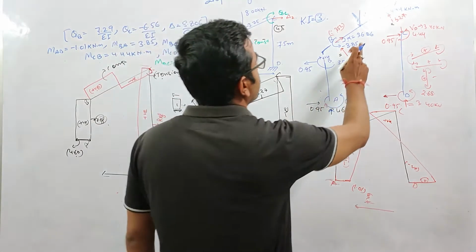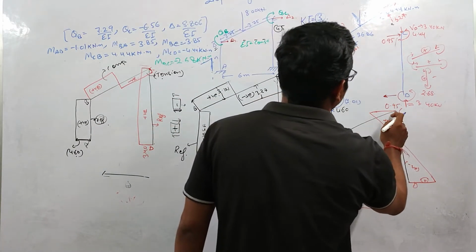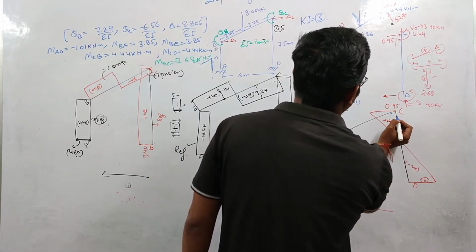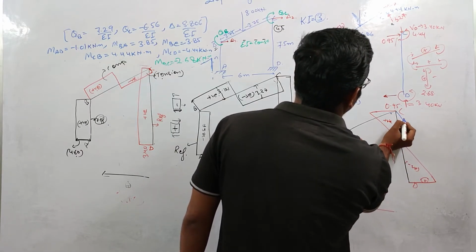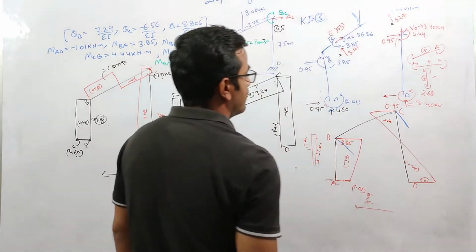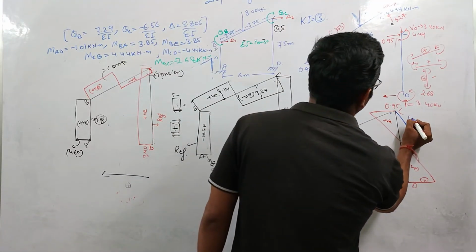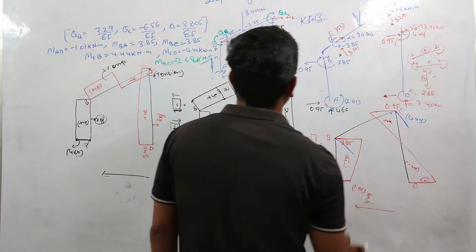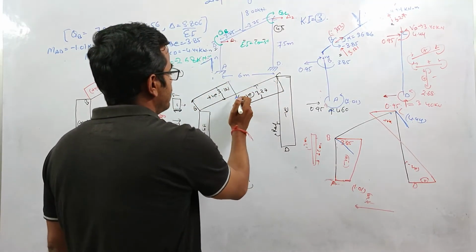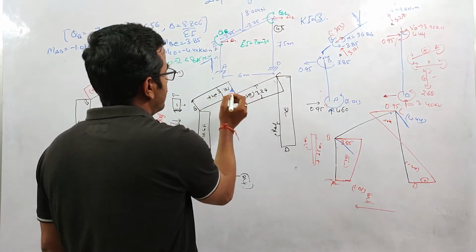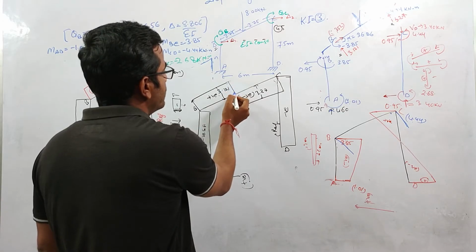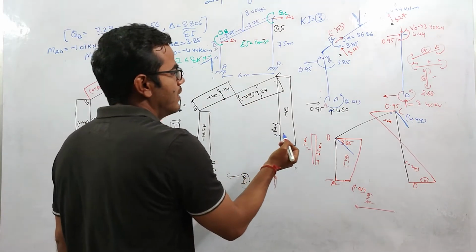And at the end, the bending moment is causing compression on this side. So again, we'll be having this value over here. This is 4.44. Okay. So shear force is changing its direction. It is going from positive to negative. So the bending moment will be maximum over here.